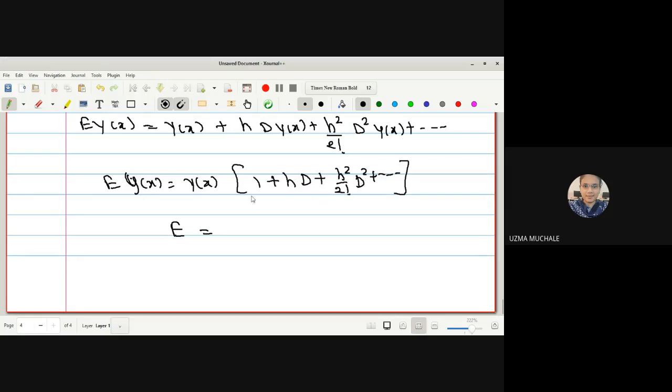So what is the compact form of this equation? Actually, y of x will not cancel like that. y of x is any function, hence we can write E is equal to. Tell me, do you remember this? Okay, what is the formula for e raised to x?